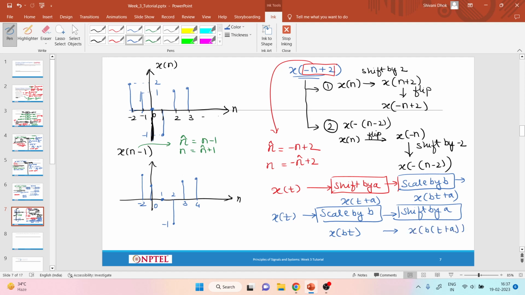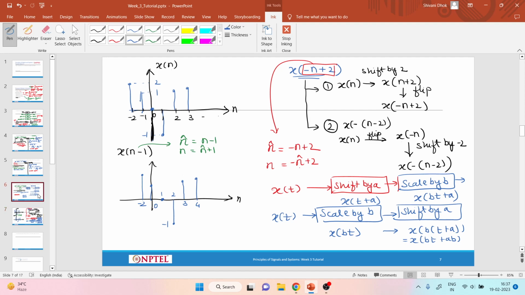You have to play with t, not the entire argument. So this is actually x of bt plus ab, and these two signals are not the same. So these operations are not commutative, and you have to be very careful while doing these. Yes, I got it. You got it.